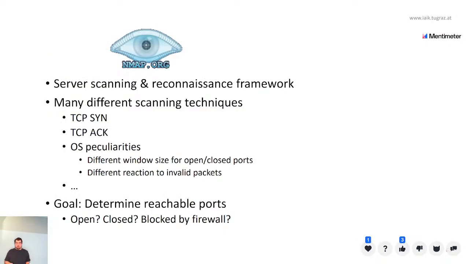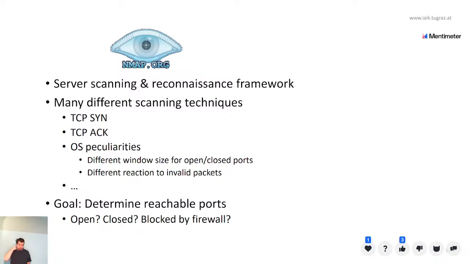Yeah. Many different scanning techniques. SYN scan is the normal one. You just try to connect and see what happens. TCP ACK scan is for figuring out if there's a firewall, because an ACK is invalid but should produce a result from the target if the port is closed.